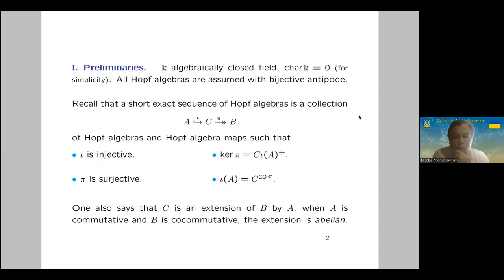There is a special case which is more manageable, when B is cocommutative and A is commutative. In such a case, we say that the extension is abelian.